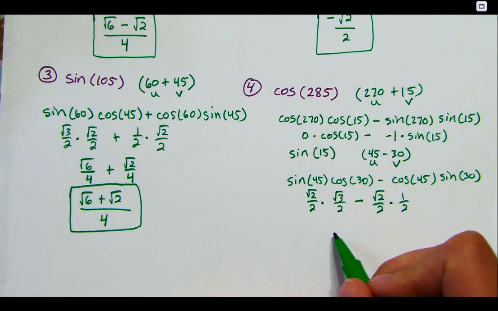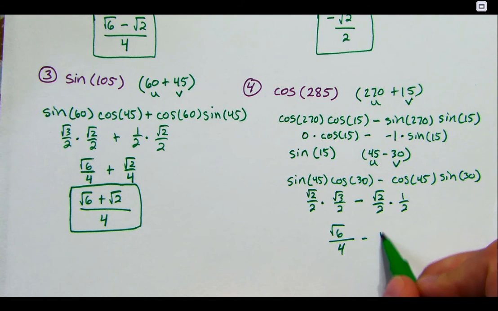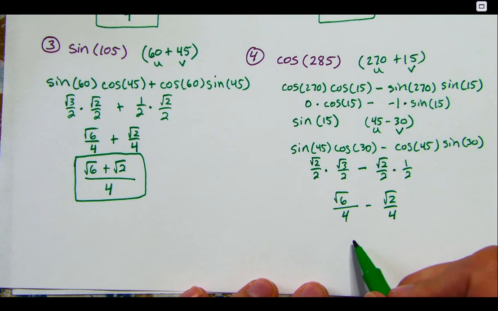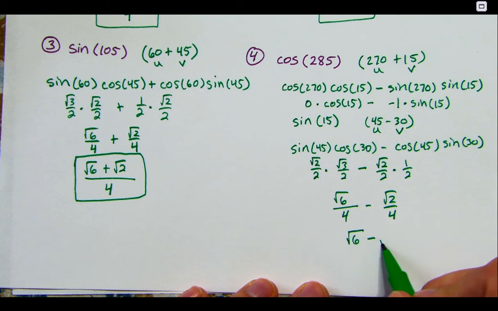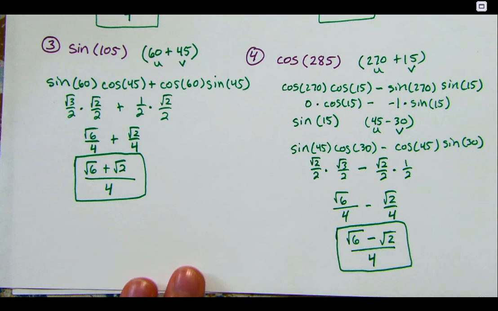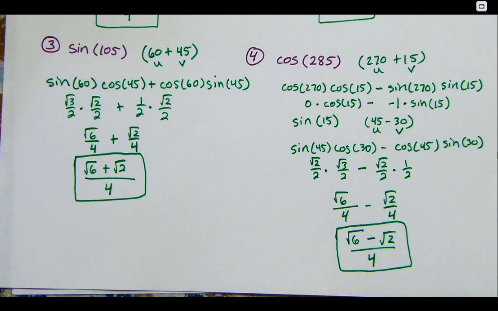So now if I multiply, this will be the square root of 6 over 4 minus the square root of 2 over 4. Denominators are the same, so we're just going to write it as one big fraction. And that is going to be my final answer for this problem. So anytime you can only find one of those numbers that we listed at the top, you'll have to go through the process twice.